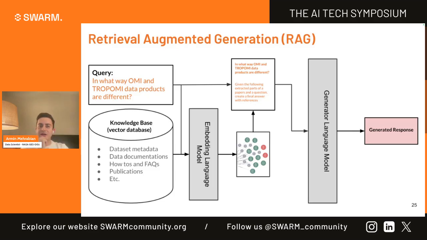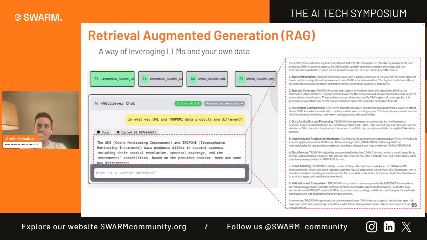Like every other RAG, the way it works is that you have a language model that works as your embedding, and in the first step, you find some candidates within your graph that may contain the answer to your question. In the next step, you pass the question and also the candidates to a second generator language model, and it constructs a generated response. This is again an example of that question.